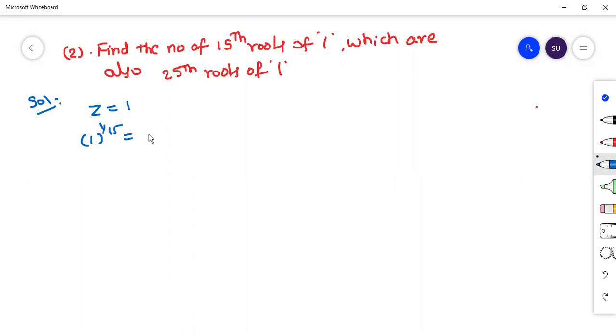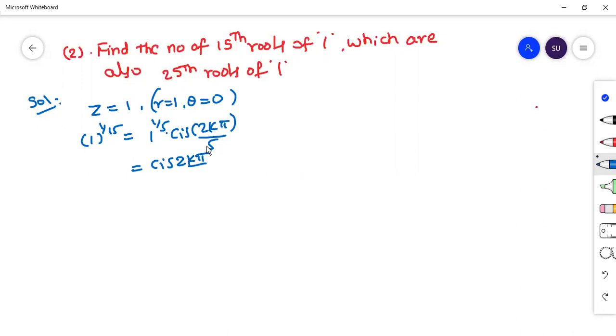Using the same previous formula, here r is 1, theta is 0. So r power 1 by n, that is 1 power 1 by 15, into cis 2k pi by 15.